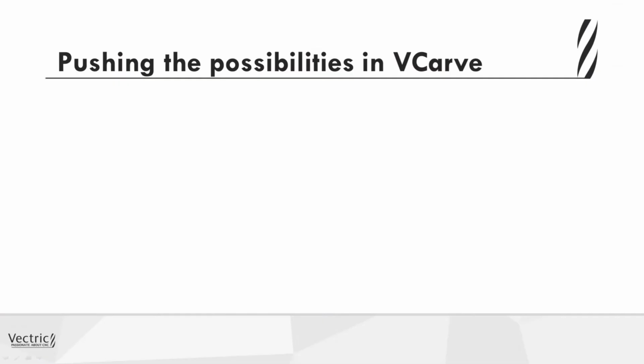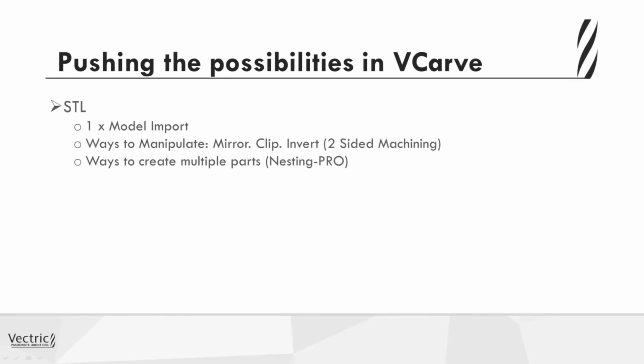And so throughout this presentation, you've seen that VCarve is a very powerful program, and that there are many ways to create 3D in the software through Vectric Clipart. So we started off by looking at importing a single STL, where we looked at ways that we could manipulate the model using the mirror mode, the clipping mode. We looked at inverting imported models using two-sided machining, and ways that we can create multiple parts by using the nesting tool.